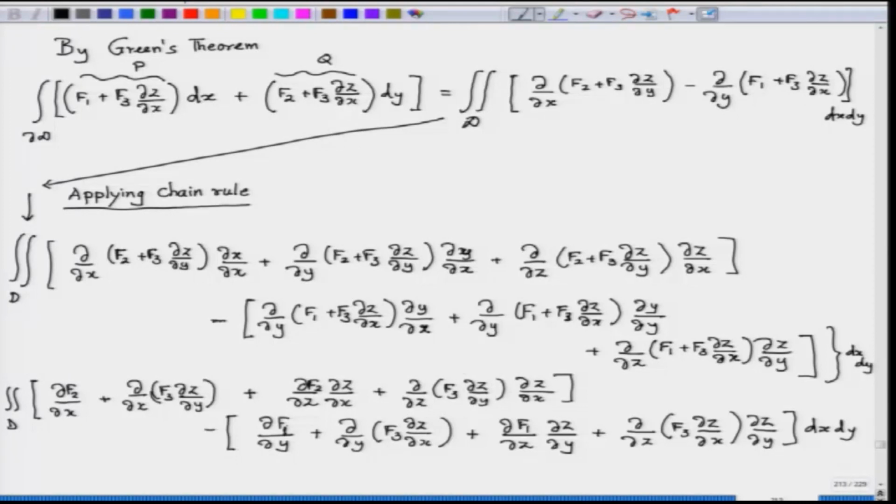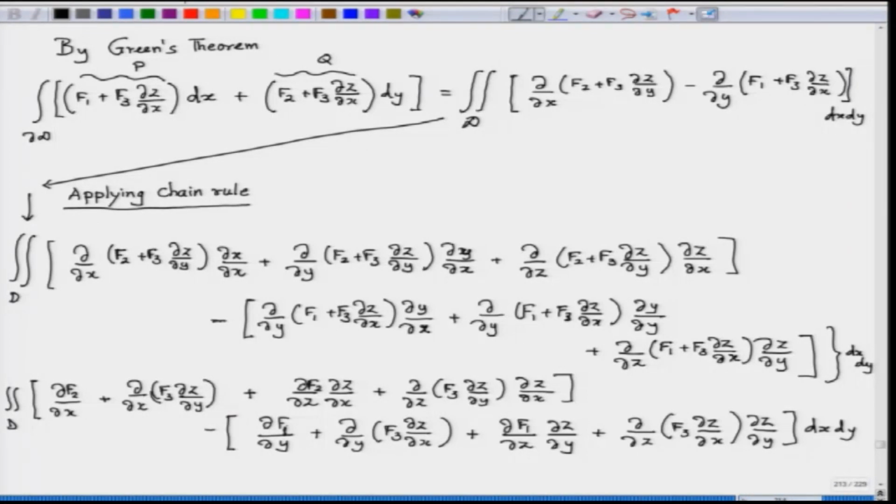When you do ∂z∂y and then take the derivative, here you will have ∂F3∂z∂y plus F3 into ∂²z∂z∂y. So, ∂²z∂z∂y is 0, right, as z is a function of x and y.